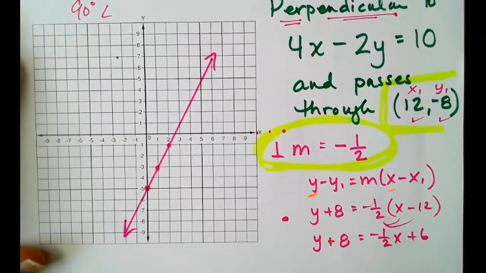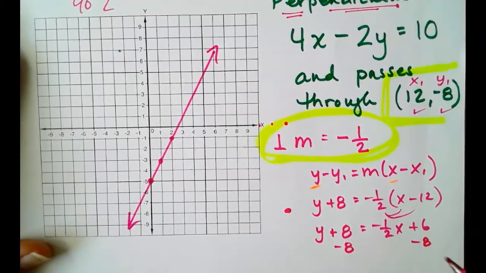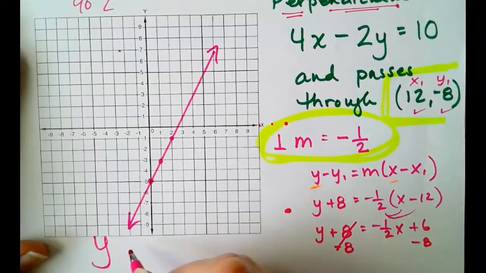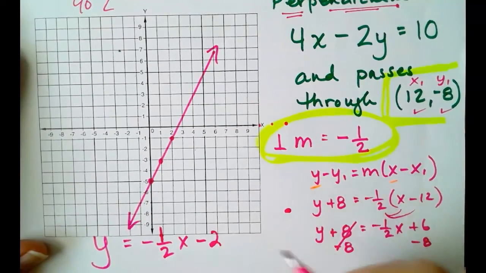One last step, subtract 8 from both sides. And we get our new equation, y equals negative 1/2 x minus 2.